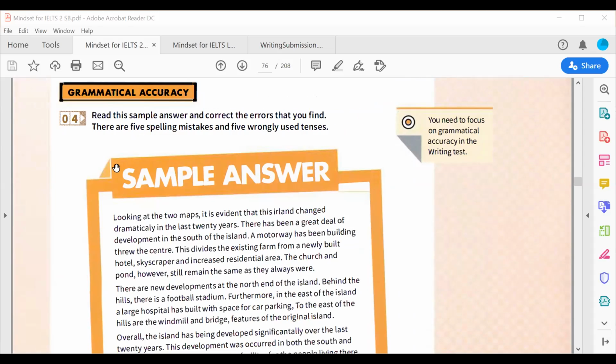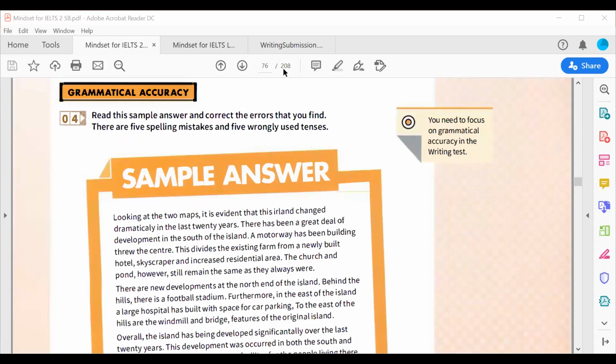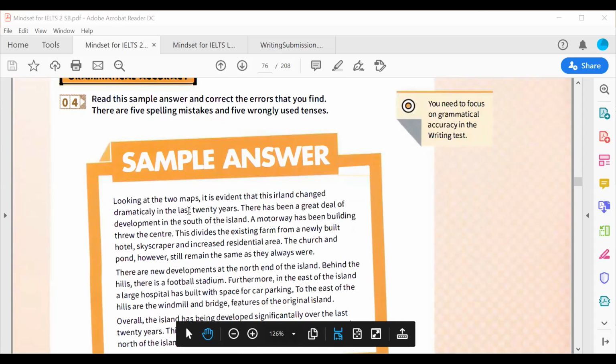And then the fourth exercise says, read this simple answer and correct the errors that you find. There are 5 spelling mistakes and 5 wrongly used tenses. So this is a practice for the tenses and the spellings. As you know, spellings are really important in the maps and in all of IELTS.